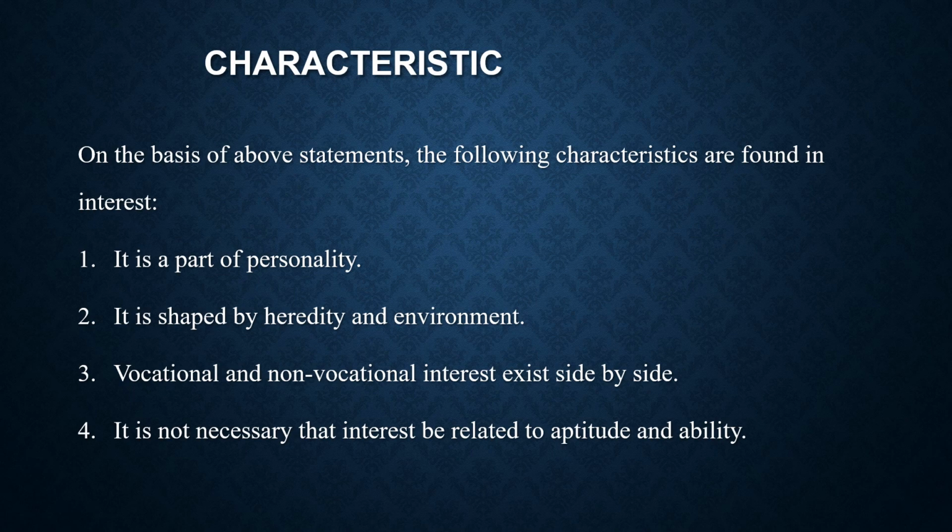If you perform, you will outperform other people. That is aptitude. And interest is something you do out of what you love, what you like. That is interest. So it is not necessary that interest be related to aptitude and ability.